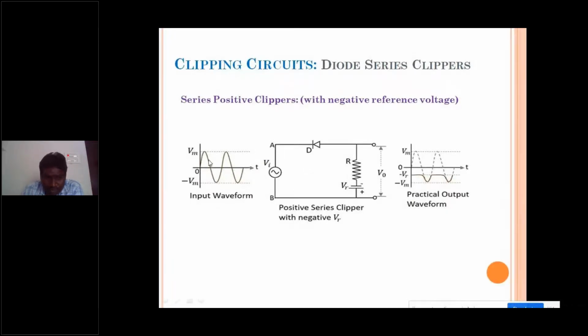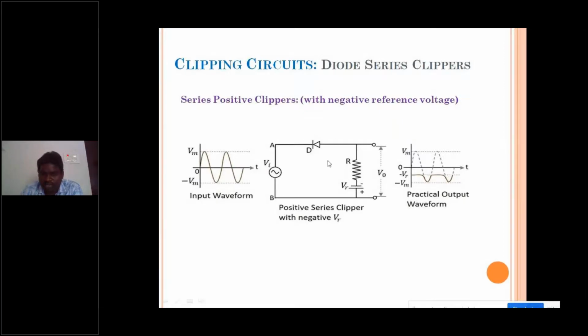As you go on reducing the input voltage, it is moving to the negative half cycle. When it crosses the negative reference voltage, the cathode side negative voltage, which means what we are applying on the input side, goes on increasing beyond the reference voltage. The reference voltage is negative. This voltage also goes on increasing, so that this diode gets forward biased. So as you increase the input voltage negatively beyond the reference voltage, the diode D comes to forward bias.